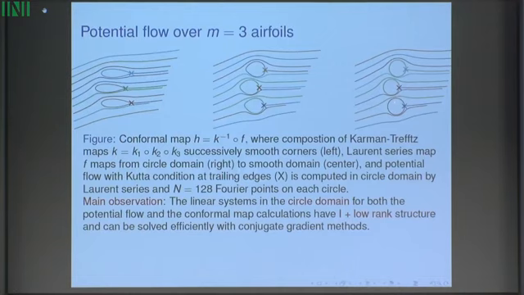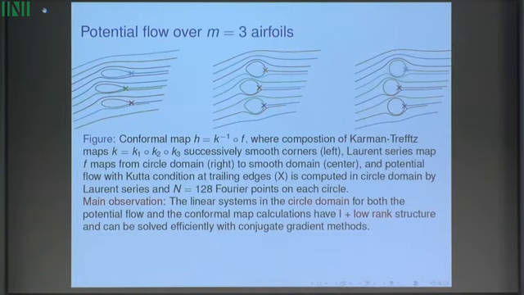All that is represented as a Laurent series with some extra terms, and then for the potential flow, we want the Kutta condition, so we want zero velocity at the trailing edge. The potential flow is a linear problem.